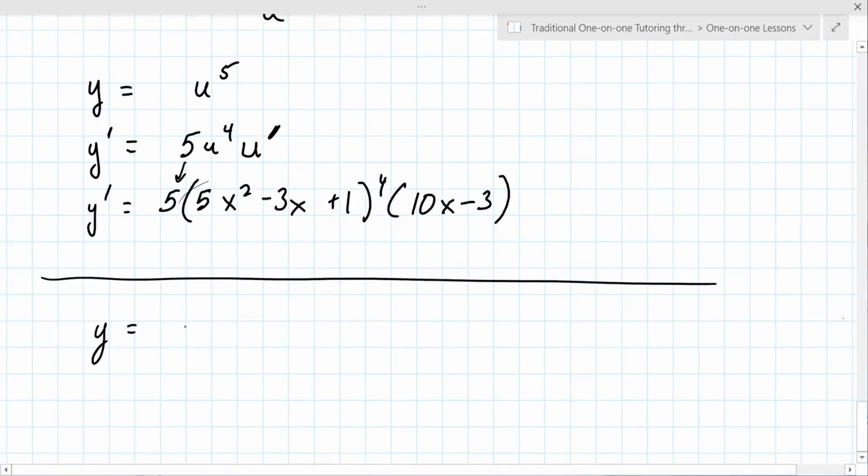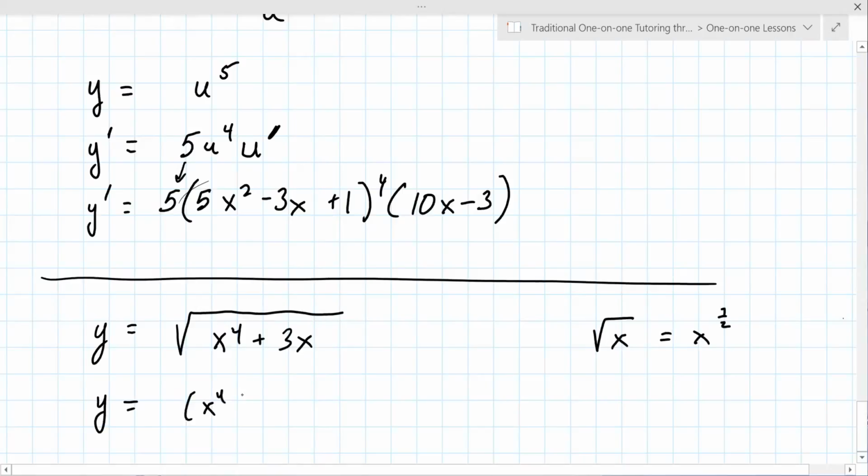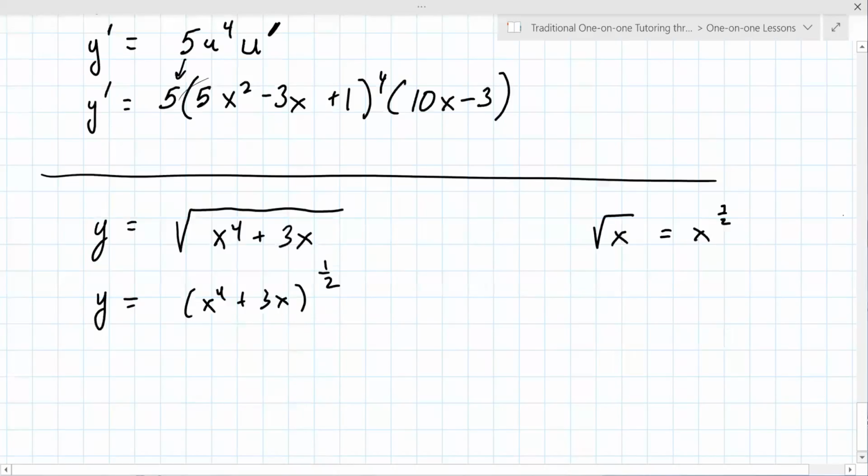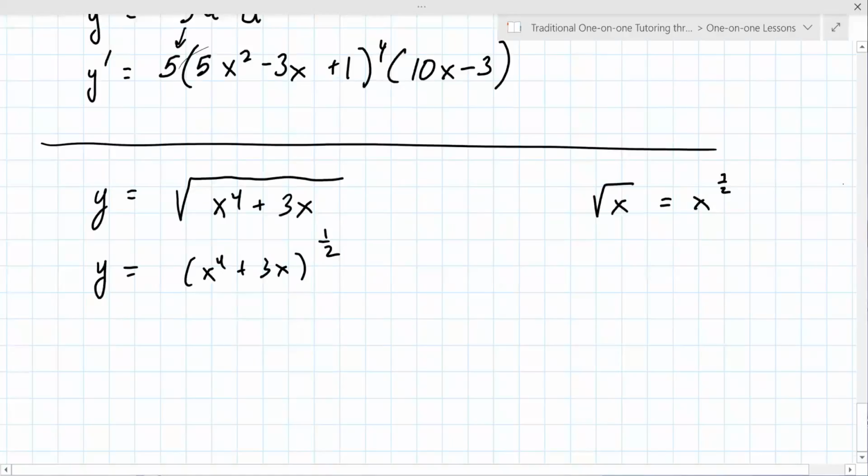All right, so let's say y is equal to the square root of x to the 4th plus 3x. The square root can be written as the 1/2 power. So this square root here is really the 1/2 power. Do you follow that? Yes. Okay. So now what's your u?